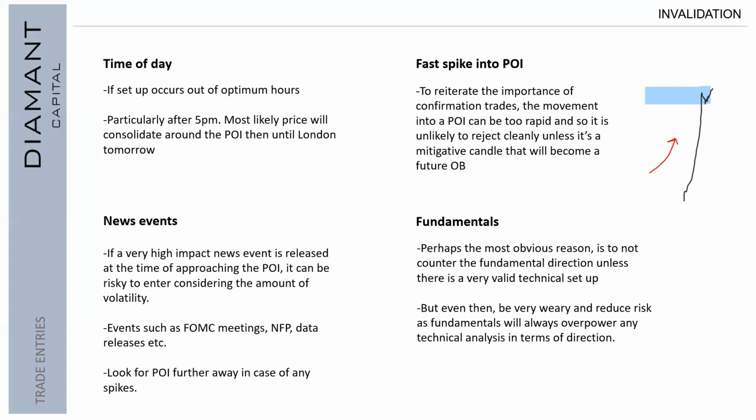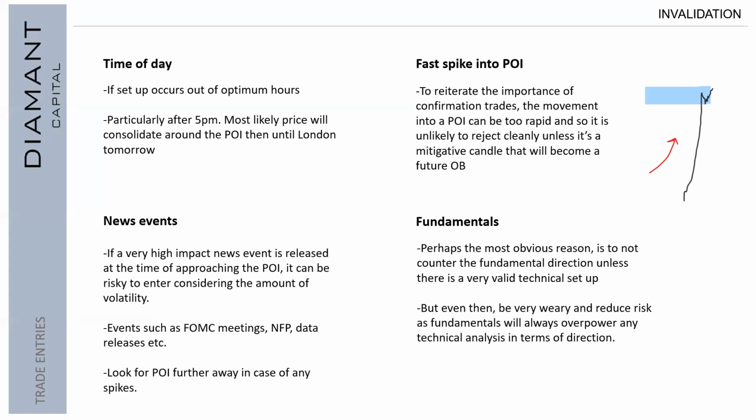The third thing, fast spike into point of interest. This happens a lot during times when you've got fundamentals going on, especially after a news event. For example, if that news event caused a massive buy, so it sped up right into your point of interest, and your point of interest was for a sell, really and truly reconsider that as a point of interest, because that massive and rapid move into that area might not be the cleanest point of interest that you would find.